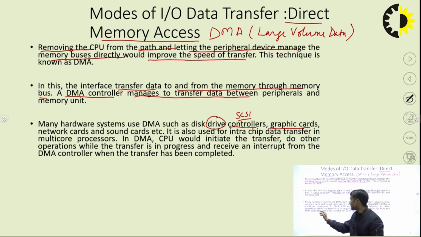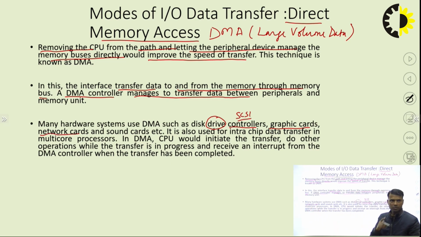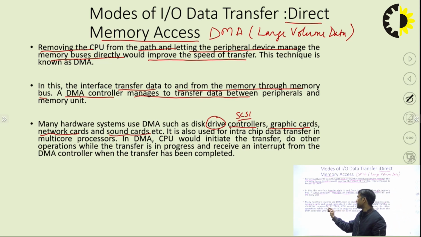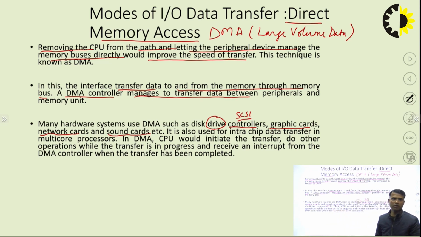There are network cards, and nowadays the Wi-Fi module chip is also there. Many times we want to record high quality sound or capture high quality video. In that case the IO interface generates a large volume of data, and the volume of data transfer is large.